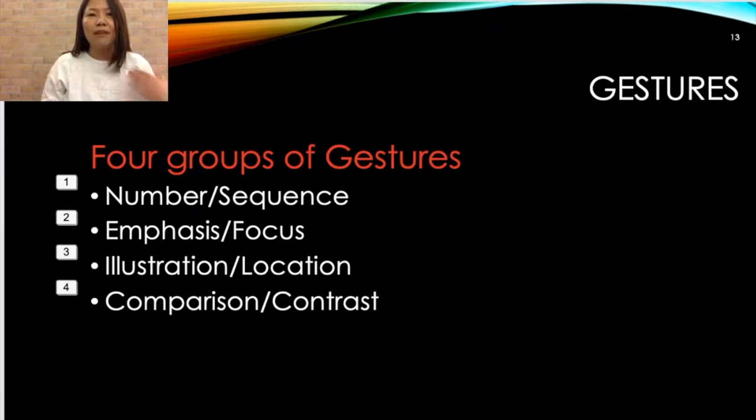Or when you talk about sequence: first we did this, next we'll do that, and the third step would be. By using these kinds of gestures, you help your audience follow each single step with you so that they won't get lost. Simple, right?